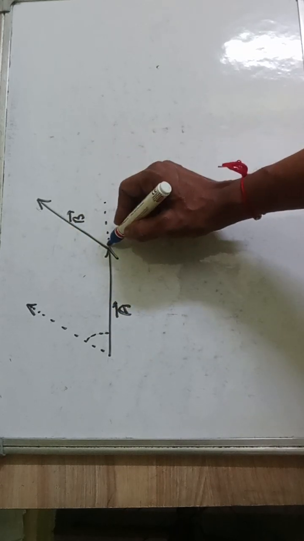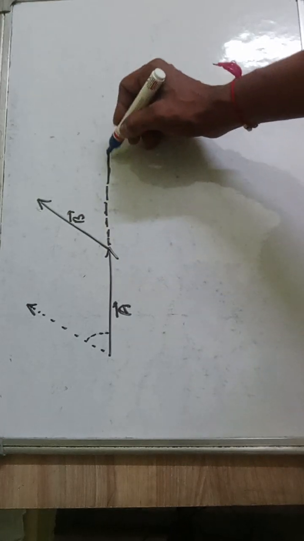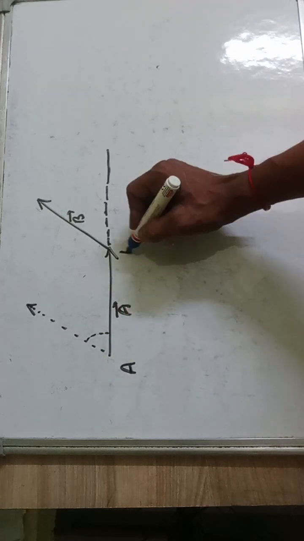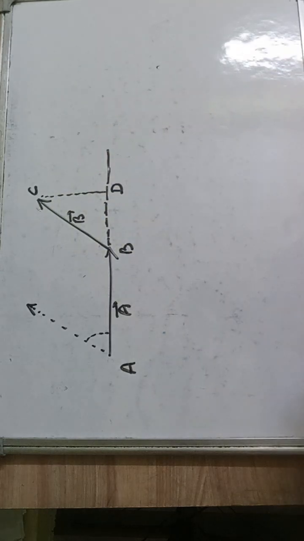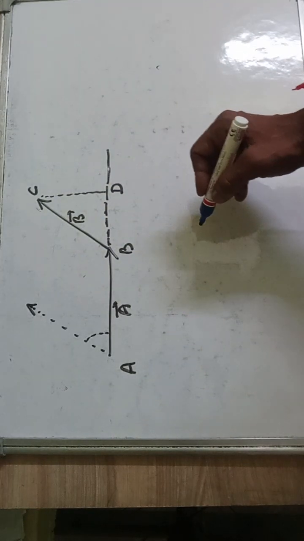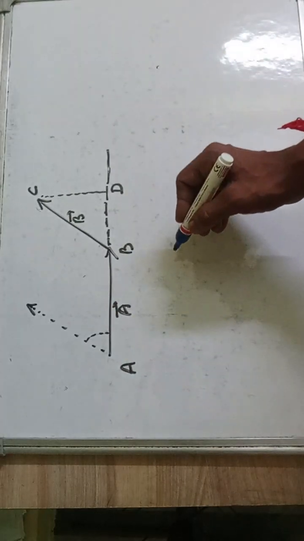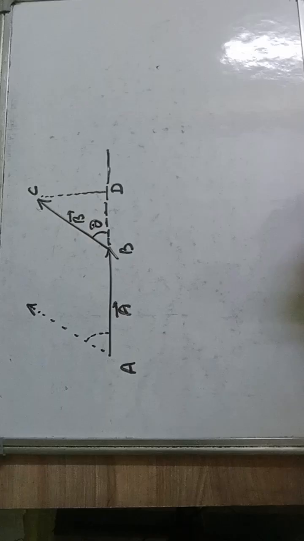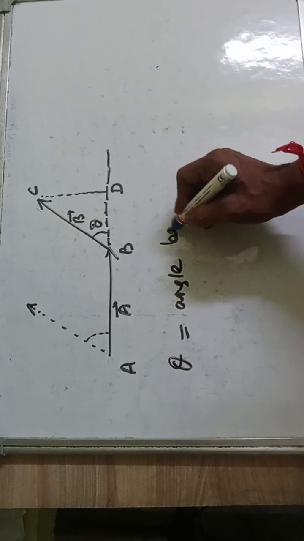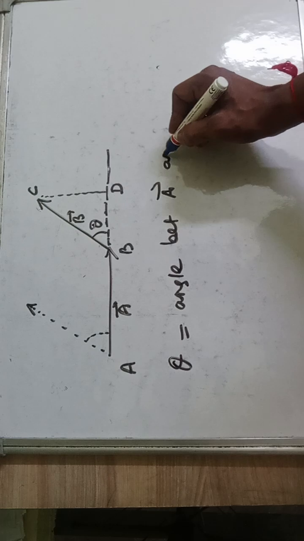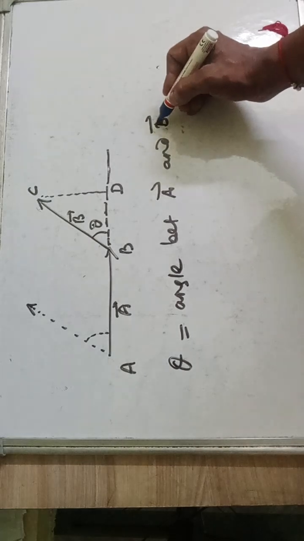Let us extend the direction of vector A. Now, suppose this is point A, this is point B, this is point C, this is point D. Now, we have extended vector A in D direction, and theta is the angle between vector A and vector B.